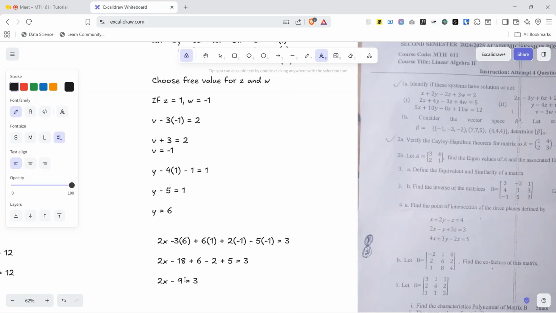Let me just check to see. Yes. So we have 2x minus 9 equals to 3. So 2x equals to 12, it means x will be equals to 6.